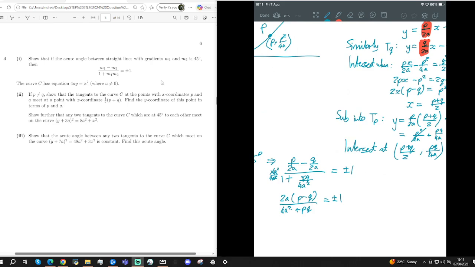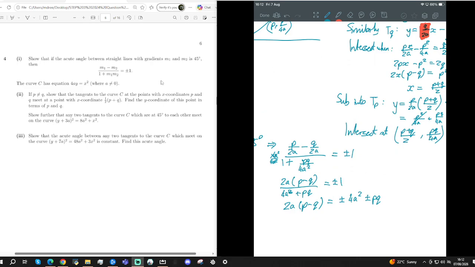Plus and minus is still not pleasant in my mind. How do I wish to rearrange this? Do I want to rearrange this to make it equal to 0? I'm starting to see that there might be some factorization that could go on. This is going to be plus or minus 4a squared plus or minus PQ.